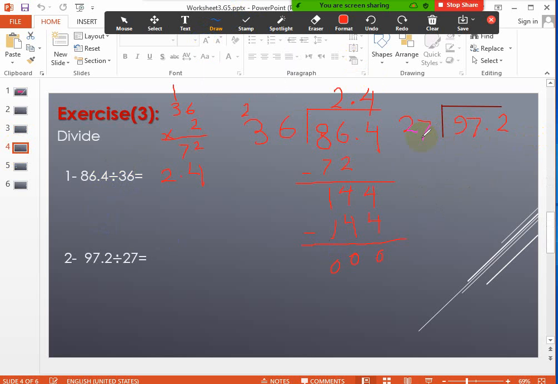9 divided by 27. Yeah, very good. 97 divided by 27. You think 97 divided by 27? I have 4. Let's try. No, it's less than 4 actually. It's 3, yes. 3 multiply 7.